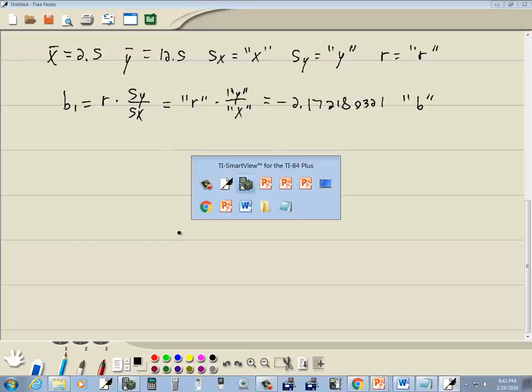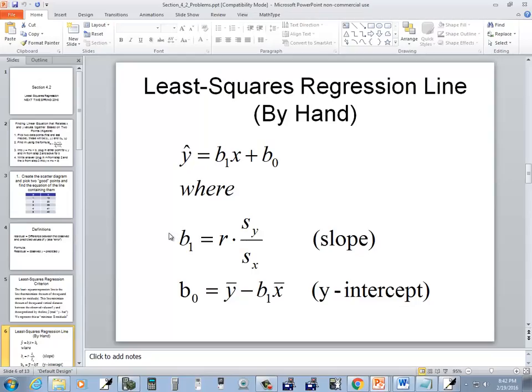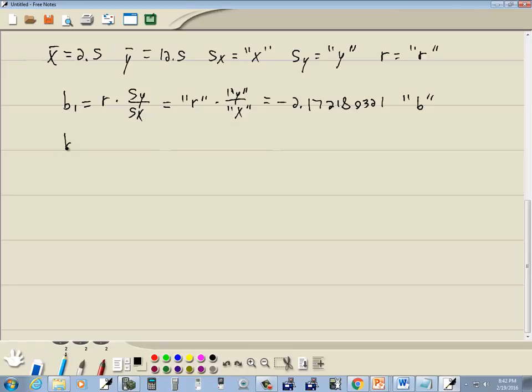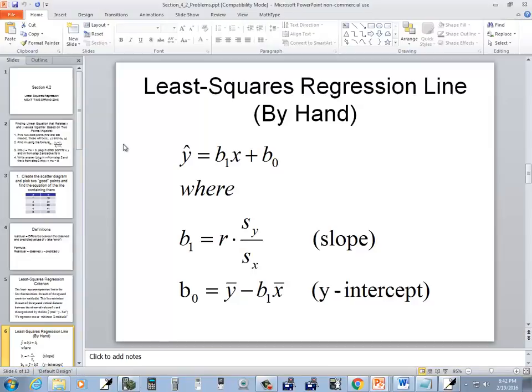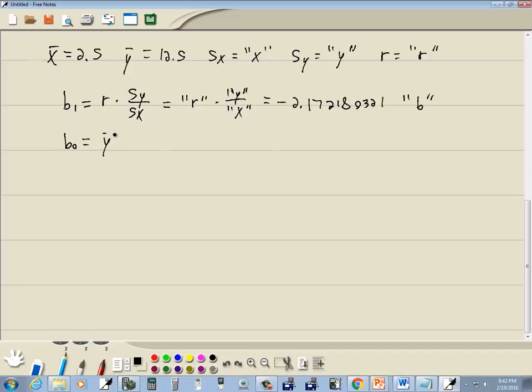So then on our second piece, it says B naught is equal to Y bar minus B sub 1 X bar. Well, Y bar we said was 12.5 minus B1, which we just stored into B, then times X bar, which we said was 2.5.